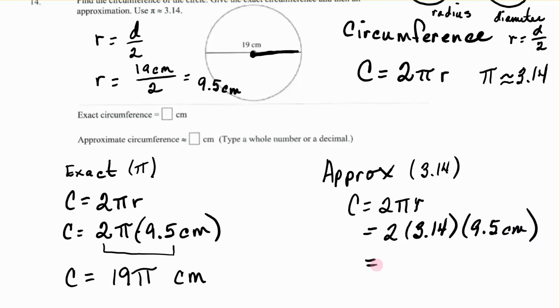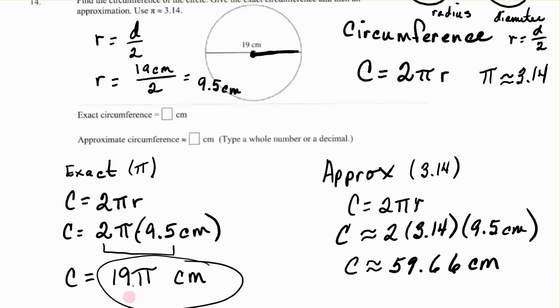I get out my calculator, I multiply those numbers, and I get 59.66 centimeters. And it doesn't say to do any rounding with that. And actually, the minute you put 3.14 in there, it is no longer equal, it is approximately the circumference. It's a rounded number. Exact keeps pi. Rounded, use 3.14 and do the arithmetic.